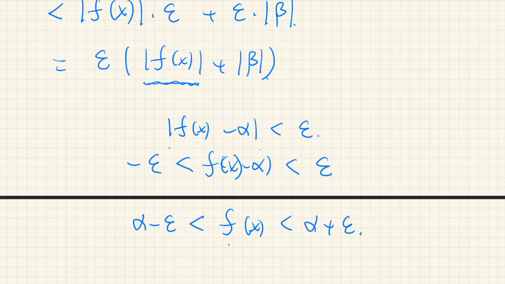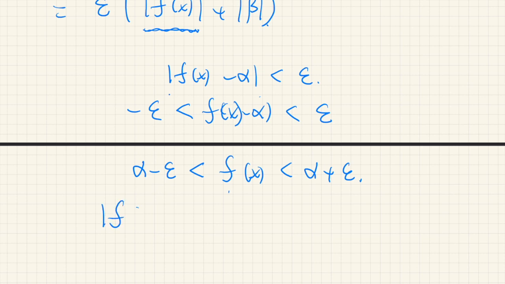So the absolute value of f of x should be less than the maximum of the absolute values of these two.